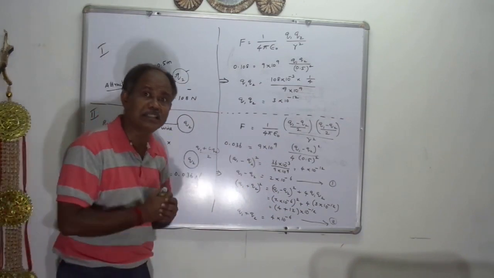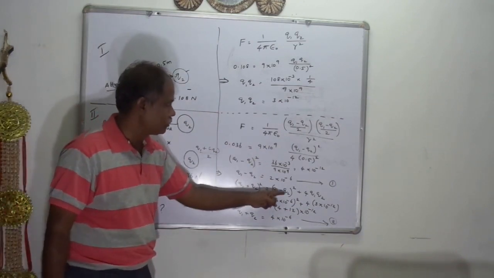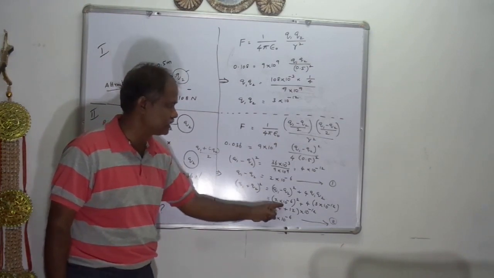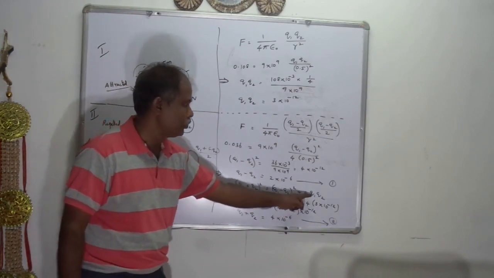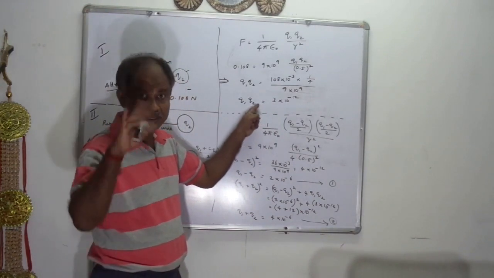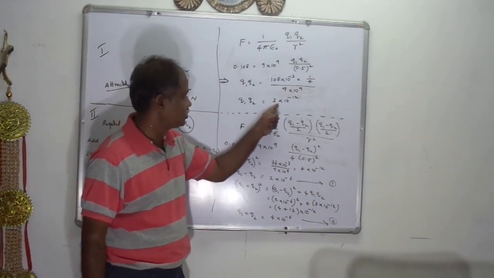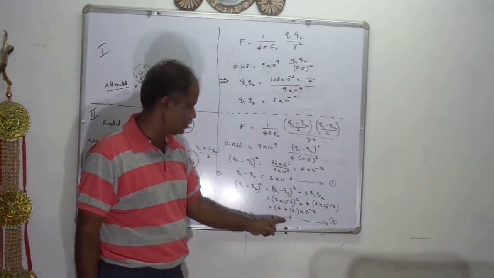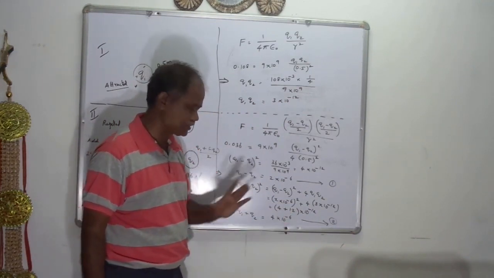Q1 minus Q2 you already know from the first equation, 2 into 10 power minus 6 whole square. The Q1 Q2 product we already found in the first situation, that is 3 into 10 power minus 2. Just manipulate it and you can get 4 into 10 power minus 6.